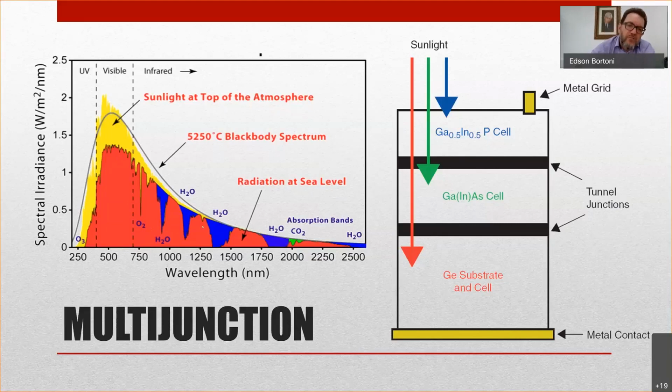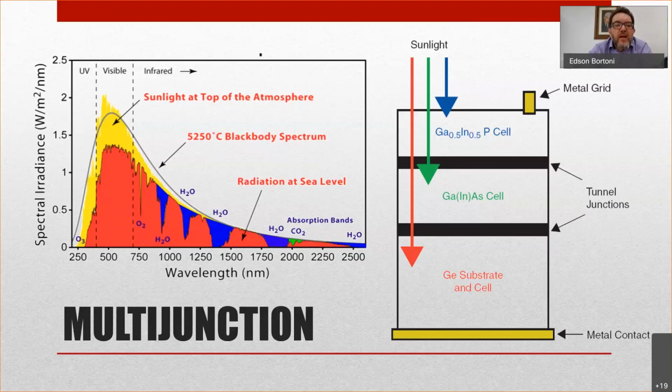You can put cells that work well here at about 1,250 nanometers, and you can put solar cells working very well here between 1,500 and 1,750 nanometers. So that's where you have multi-junction, each junction working well in a given area.